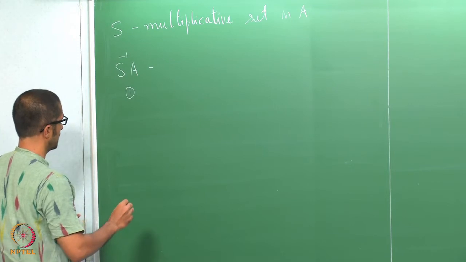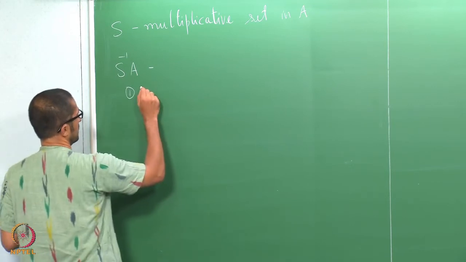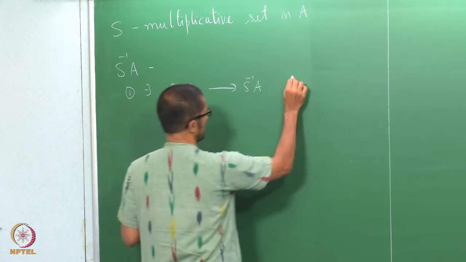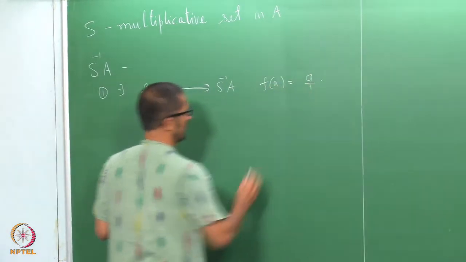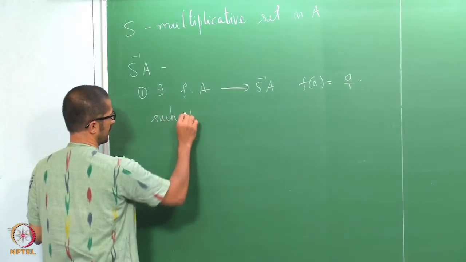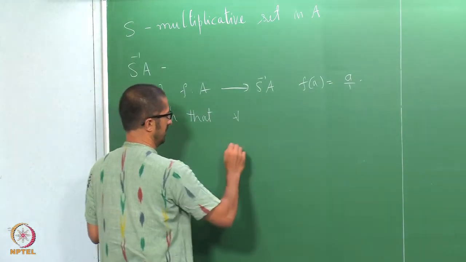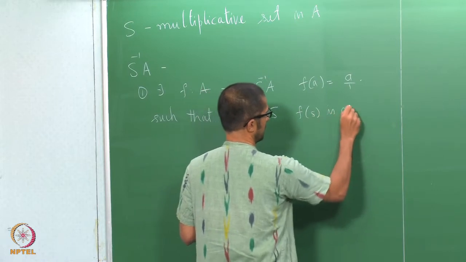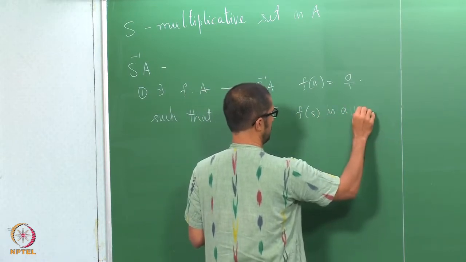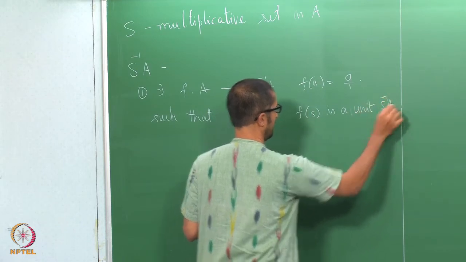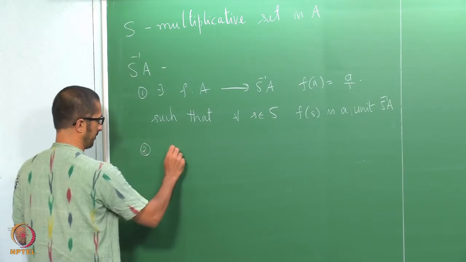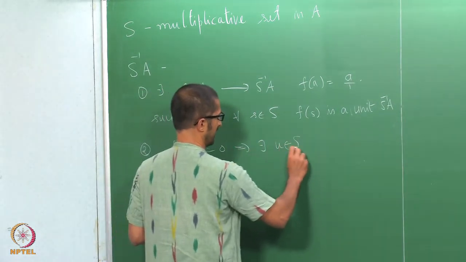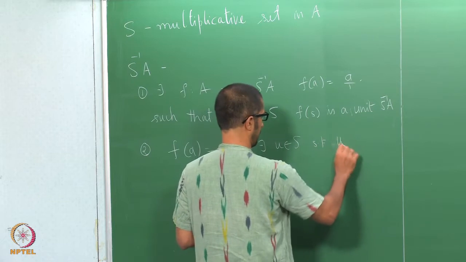What are the three properties? There exists a map f from A to S inverse A, sending a to a by 1, such that for every s belonging to S, f of s is a unit in S inverse A. Then the second property: f of a is 0 implies there exists u in S such that u a is 0.